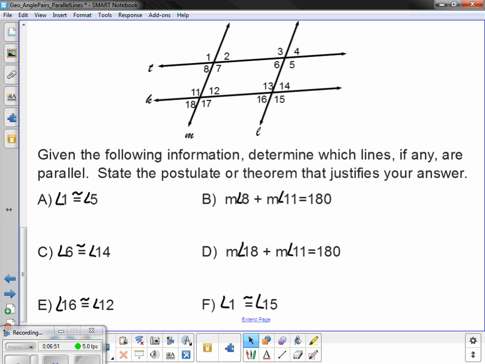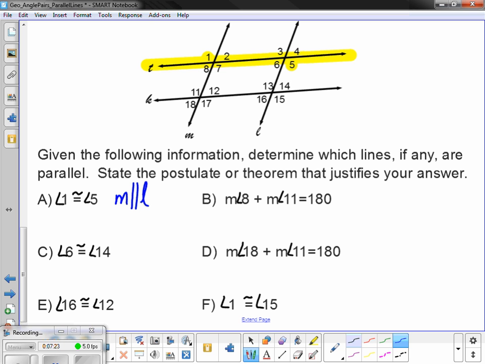So A says angle 1 is congruent to angle 5. The first thing I do is identify those 2 angles, angle 1 and angle 5. And then I identify the transversal. What line connects angle 1 to angle 5? That would be T. So T is my transversal. If T is my transversal, that would mean that M would have to be parallel to L if angle 1 and angle 5 are a particular kind of angle.